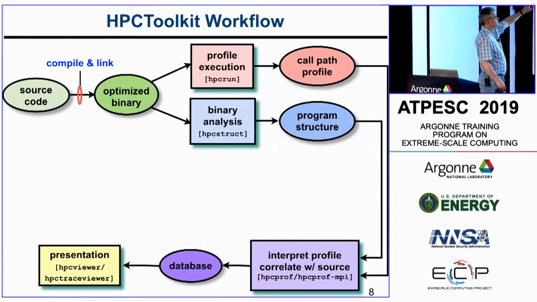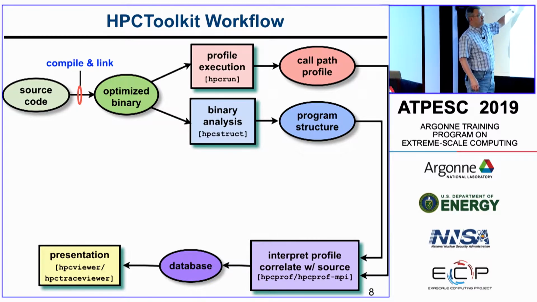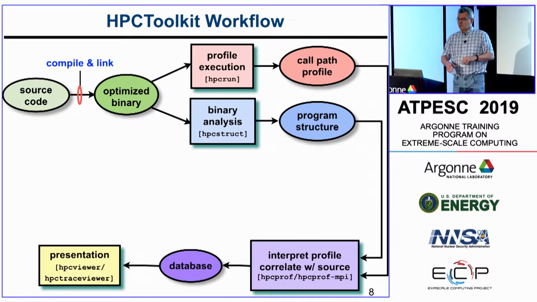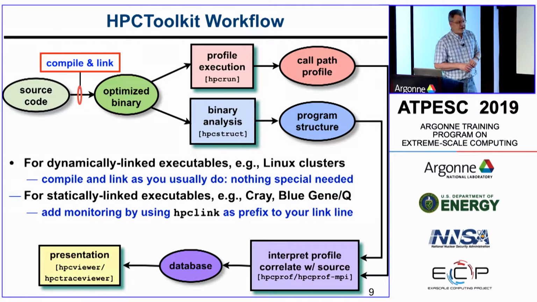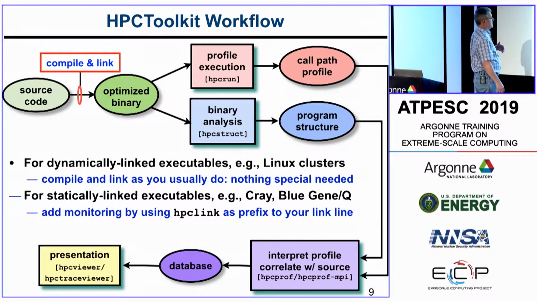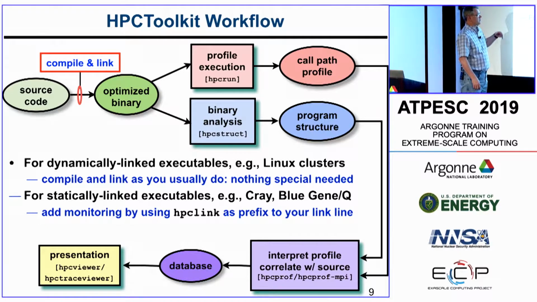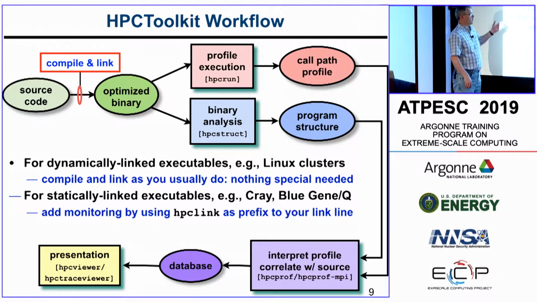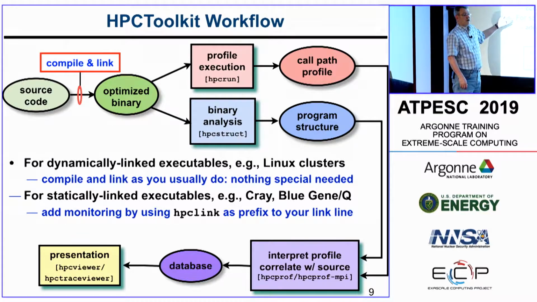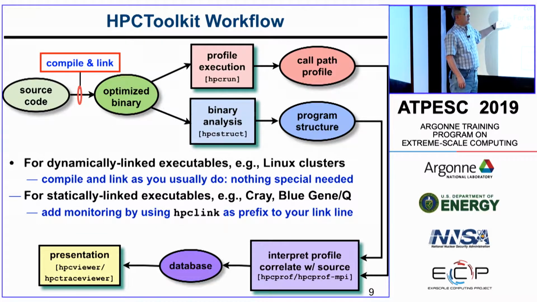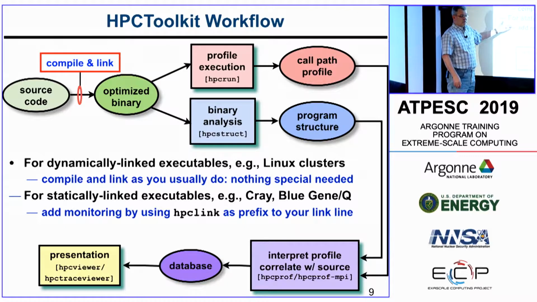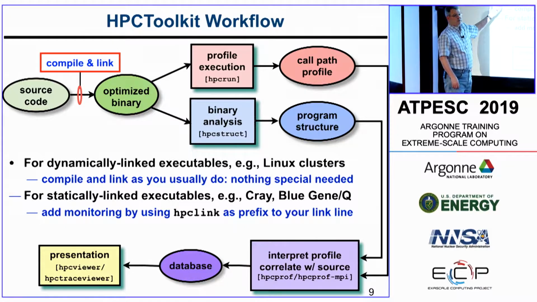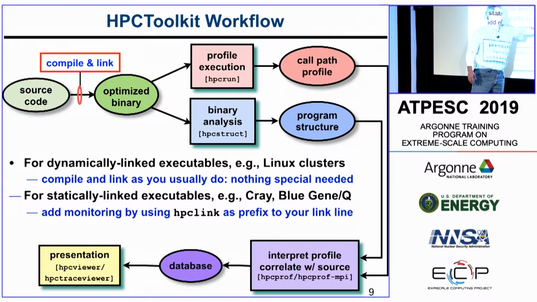So you start with your source code, and you compile and link it the way that you normally do. So for dynamically linked executables used typically on Linux clusters, you don't do anything to your makefiles. For statically linked executables on, say, a system like Theta, you might build statically linked executables, or you might build dynamically linked executables. If you build statically linked, then in the final step, as you're linking your application, you just put our tool in front of it.